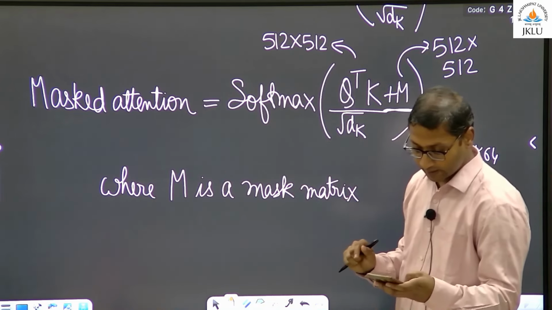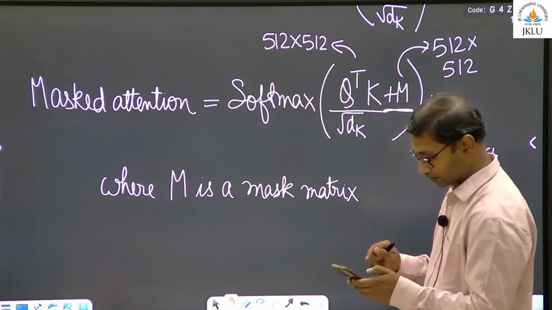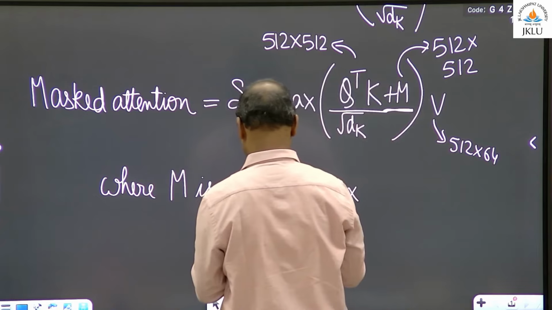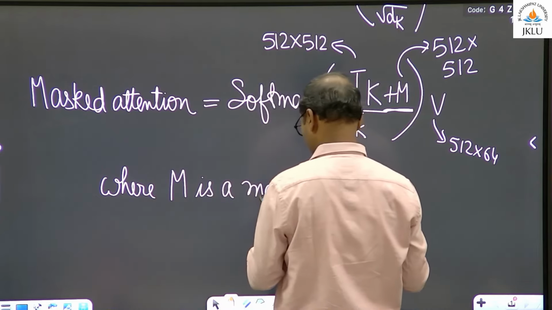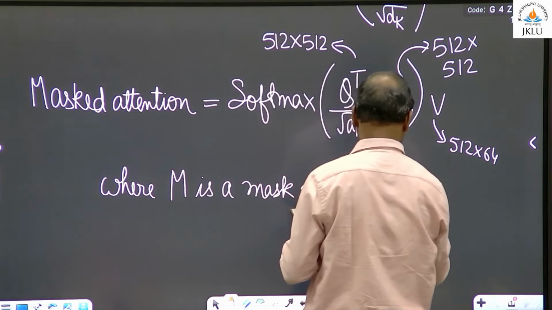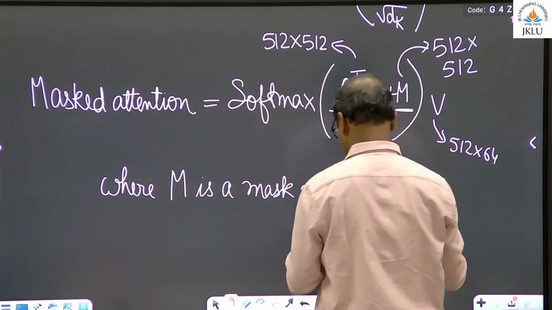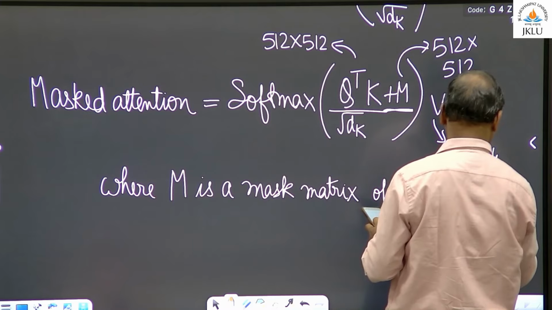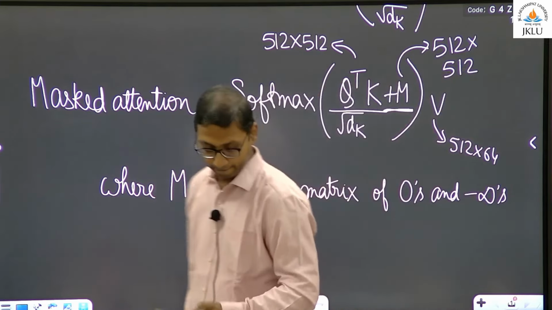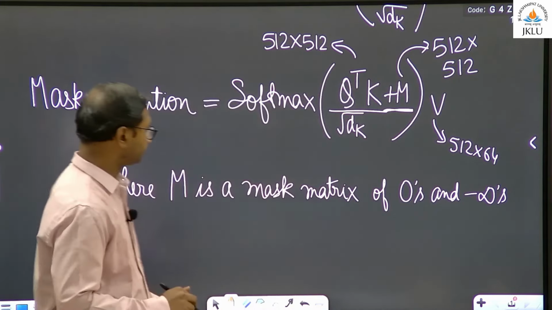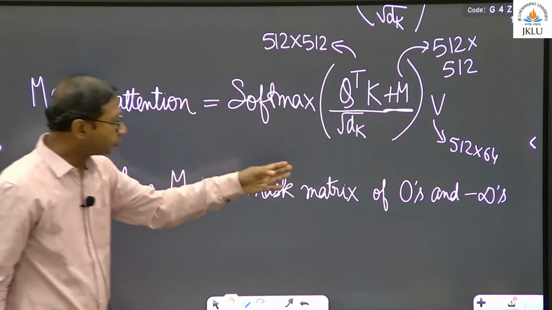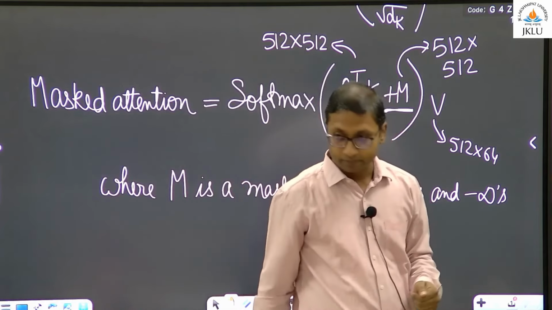So M is a mask matrix of zeros and minus infinities. So now can you tell me where to put 0 and where to put minus infinity?